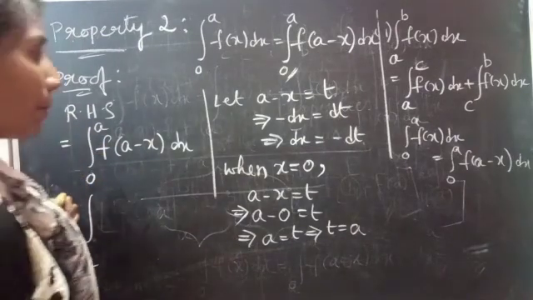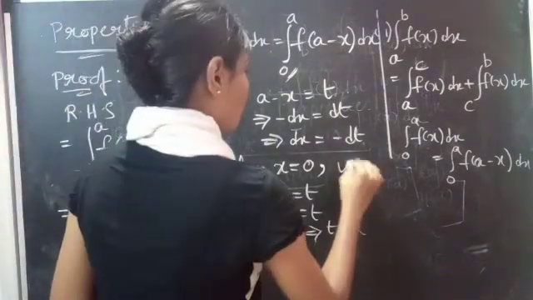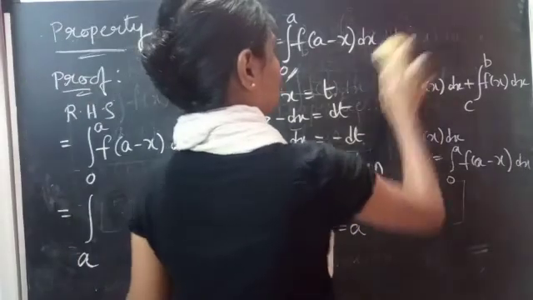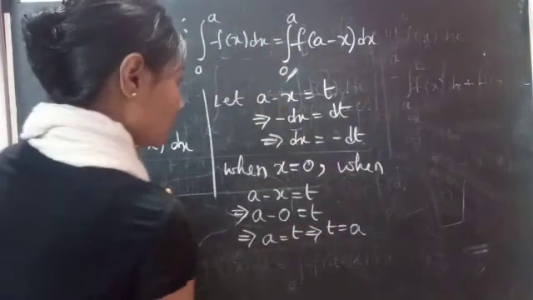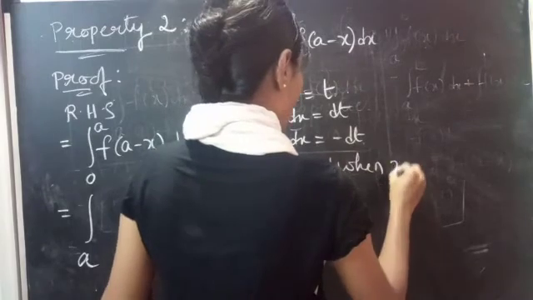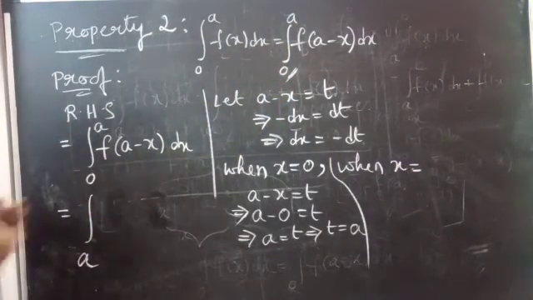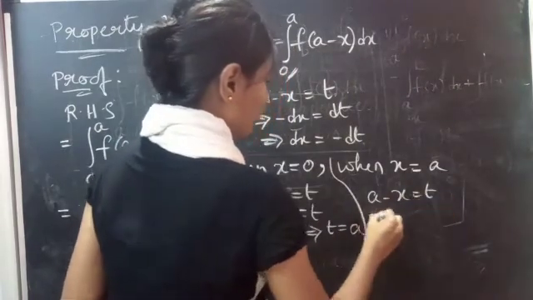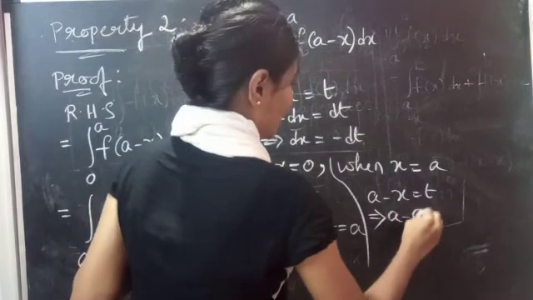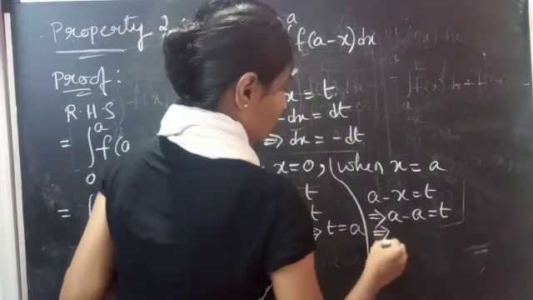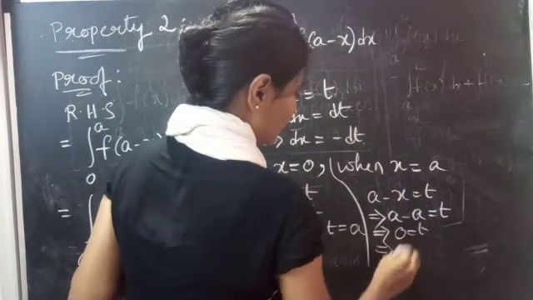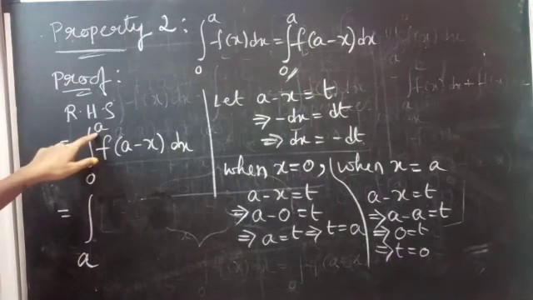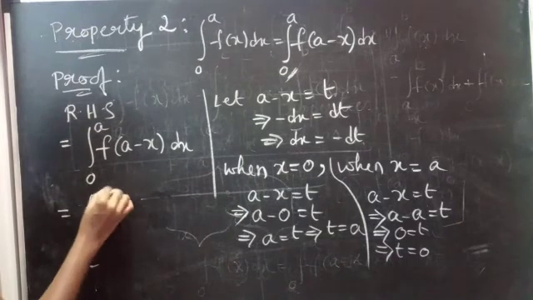Next, let's check the upper limit. When x equals a, a minus x equals t, this implies a minus a is equal to t, which implies t equals 0. When x equals a, t equals 0.